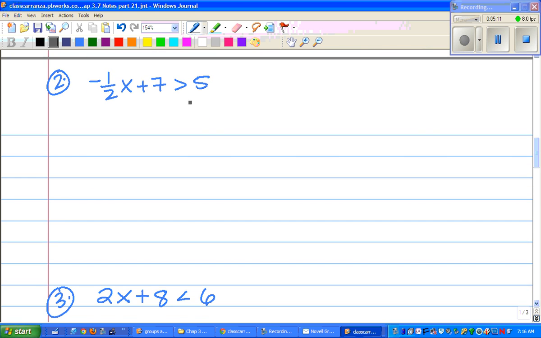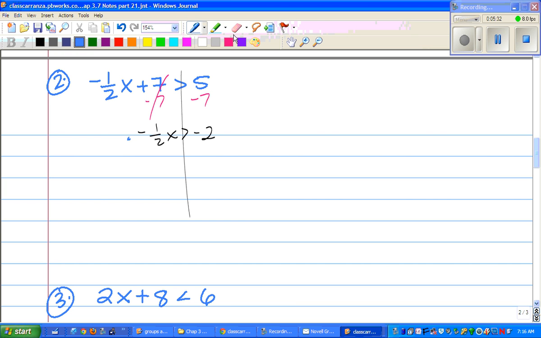All right, example number 2. Same thing. Solve for x. We're going to subtract 7 from both sides. You get -1/2 x is greater than -2. Now, to get the x by itself, we're going to have to multiply, and we're going to multiply by the reciprocal.